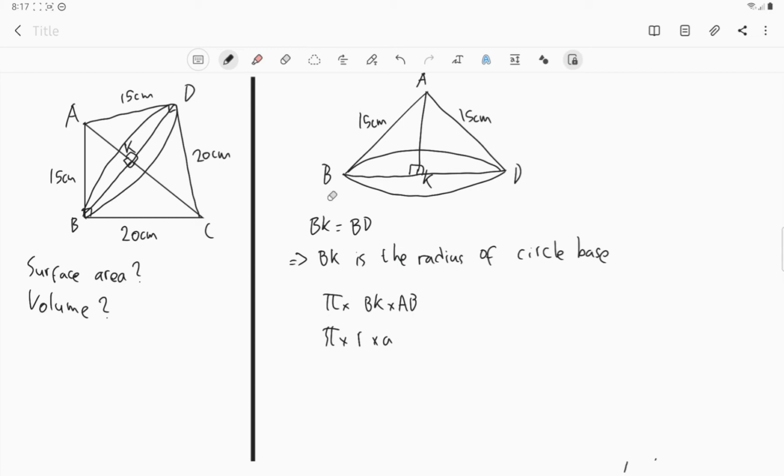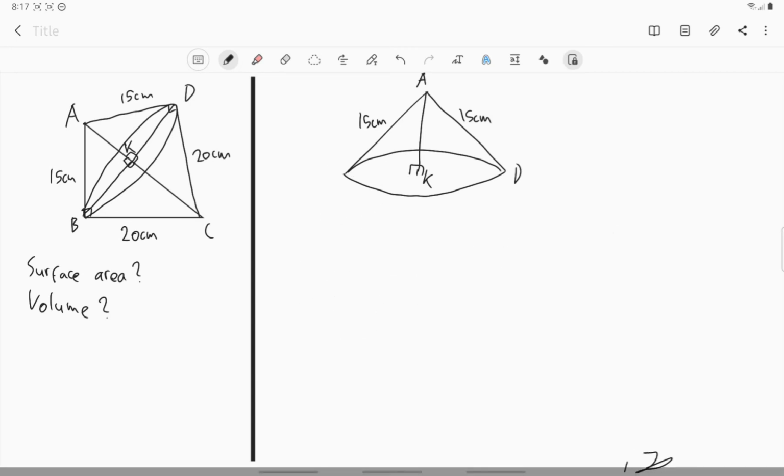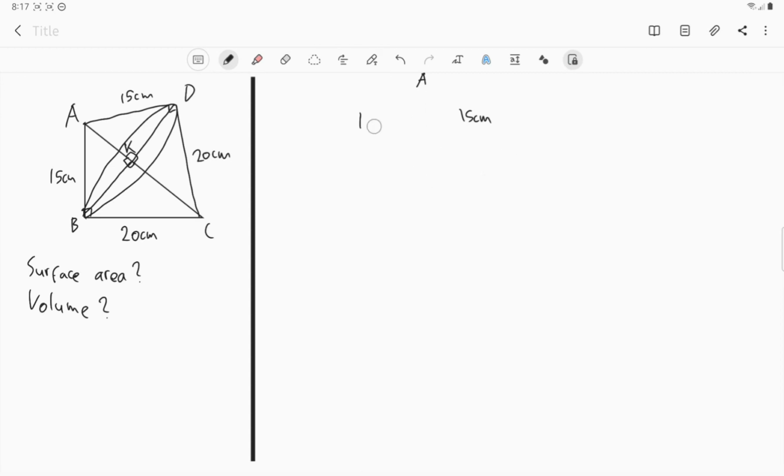Okay, let's erase all of this and see it from a simpler perspective, which is the two-dimensional perspective.